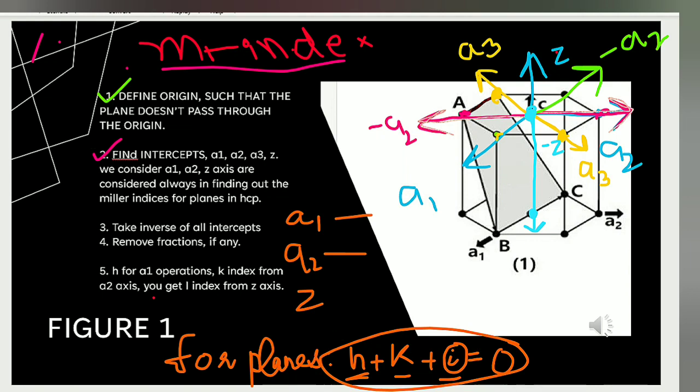Now let us find out the intercepts. Intercept refers to a point at which the plane touches the axis. Okay, so A1 intercept will be a point where the plane is touching the A1 axis, either in negative or positive direction.